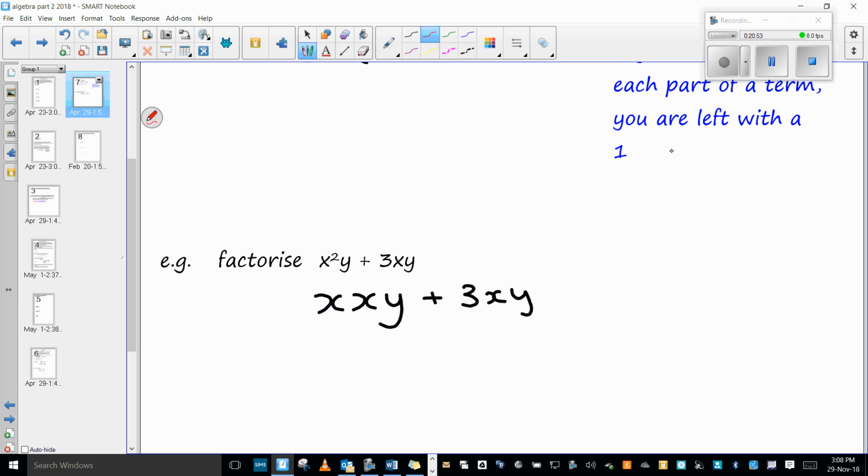Abby, what's common to both this side of the plus sign and this side? The x and the y. Notice it doesn't matter which x I underlined here. We write xy is common at the front. And then inside the bracket, Miley, what's left? The x and the plus sign and the 3.